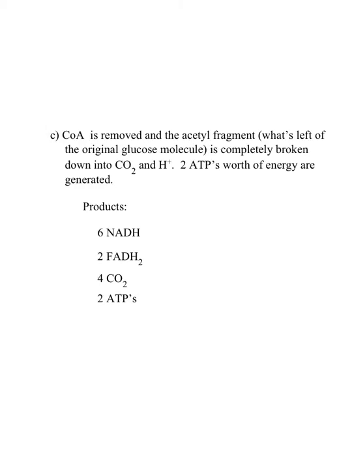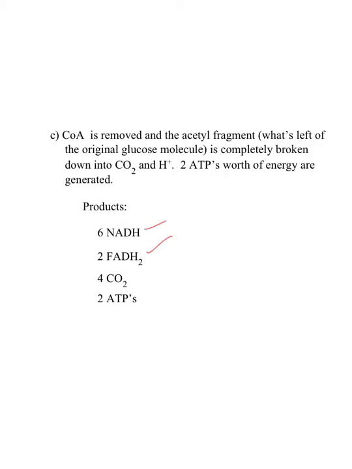When acetyl coenzyme A enters the Krebs cycle, the coenzyme A is removed, and that acetyl fragment is going to be completely broken down. Again, the hydrogen is going to get stripped off and picked up by either NADH or FADH2.